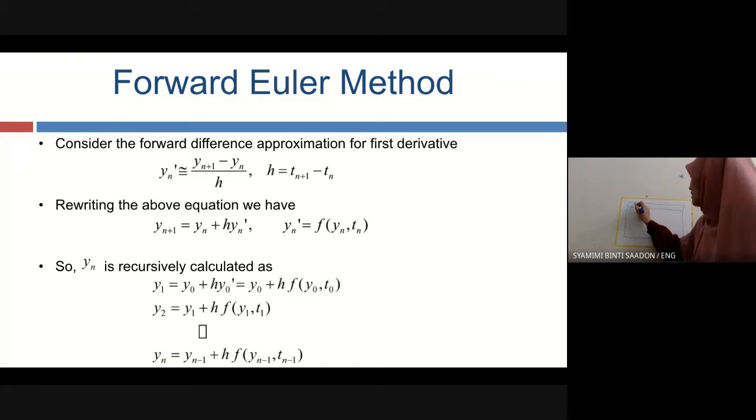Okay, so we have T, Y and Y prime. So we have 0, 1, okay. Another column, actually 3 or 4. Okay, so y.